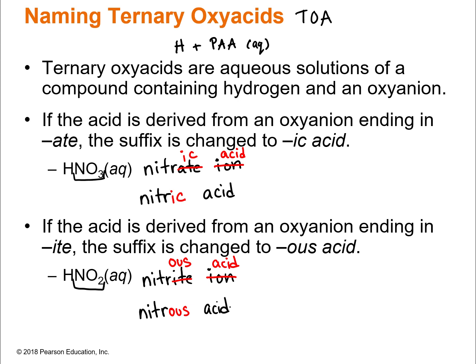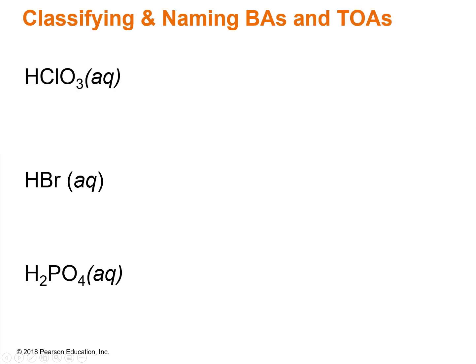I'll give you a second, make sure you're all caught up with your notes, because the next thing we're doing is practicing naming of the acids, binary acids and ternary oxyacids. So here we go.